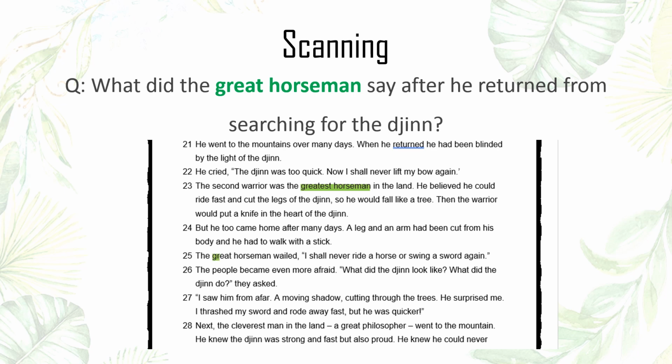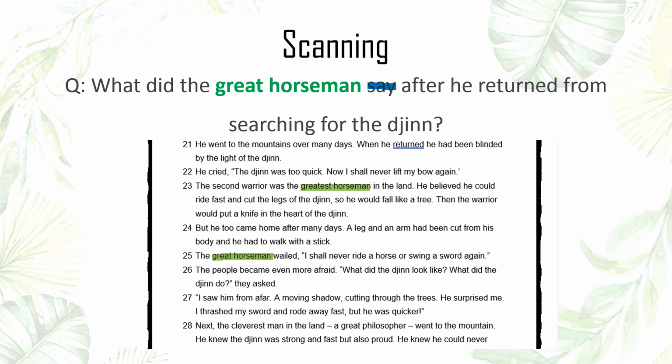And great, we have. The great horseman wailed, "I shall never ride a horse or swing a sword again." So he said that. So we know that this is what has been said. Well, he wailed it, but that is a way of saying it. But do we know that it is after returning from searching for the jinn?